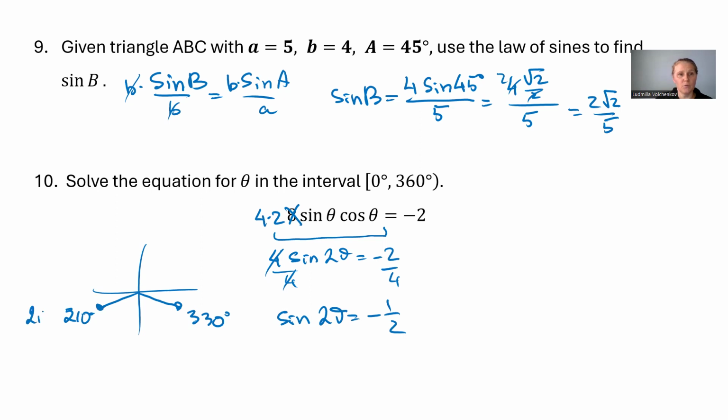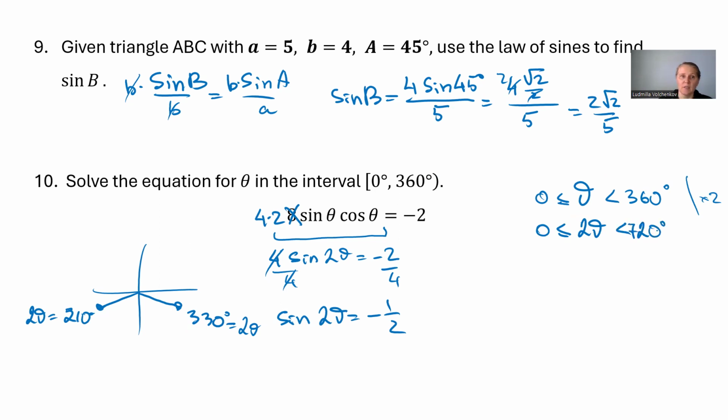So this is for 2 theta, and theta is in the interval from 0 to 360. If you multiply this by 2, you will get an interval for 2 theta. 2 theta must be considered on the interval from 0 to 720 degrees.